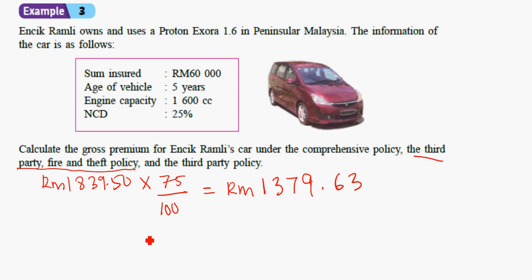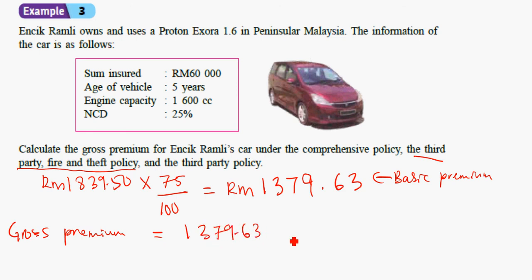After that, don't forget you must minus the NCD. This is the basic premium. So the gross premium equals 1,379 ringgit 63 cent minus 25% from the basic premium.